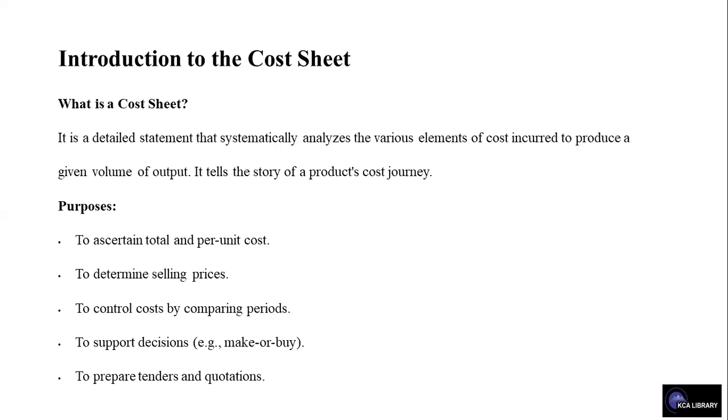The purpose of a cost sheet is to ascertain total and per unit cost, to determine selling price, to control cost by comparing periods, to support decisions, and lastly to prepare tenders and quotations.